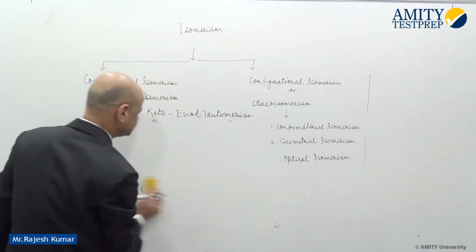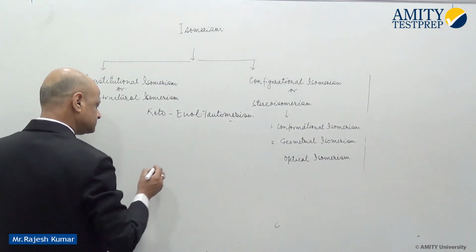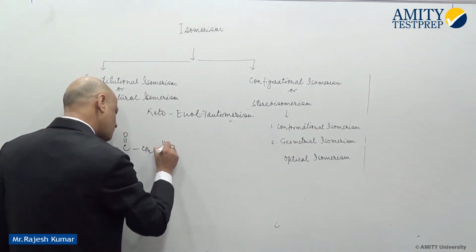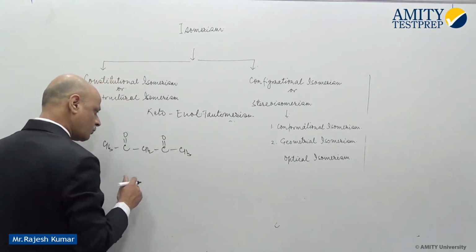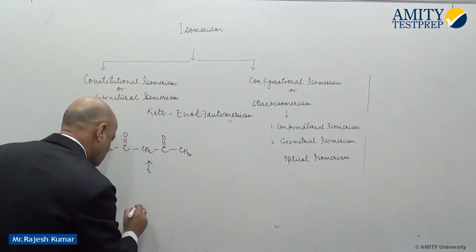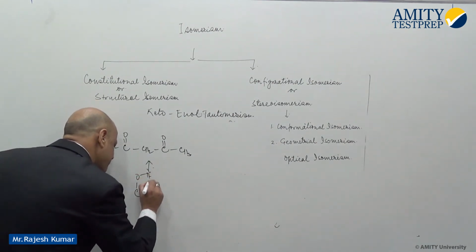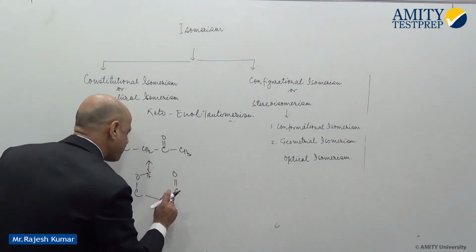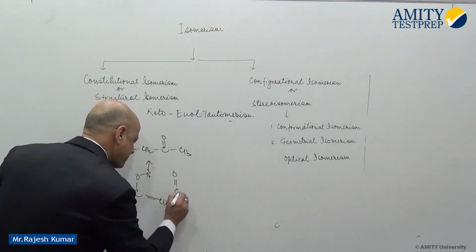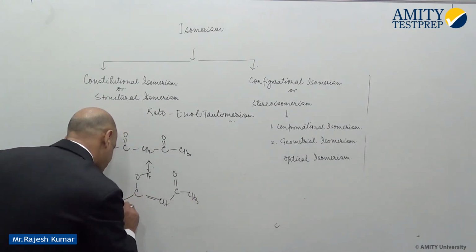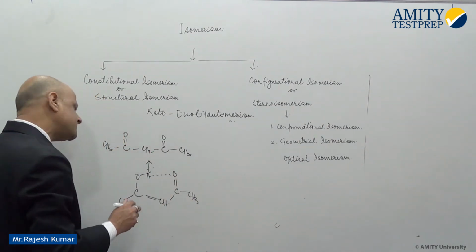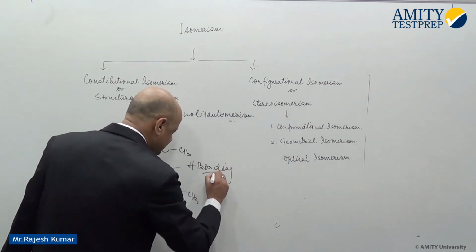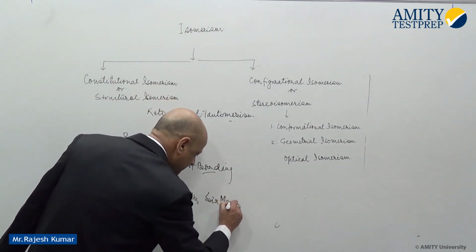For example, in this case, the molecule is going to make H bonding, intramolecular hydrogen bonding, and that's why it is a 6-member ring, and 6-member ring is highly stable.